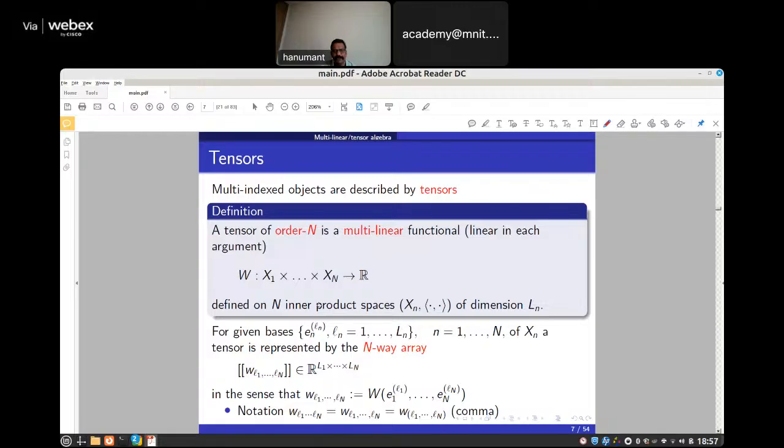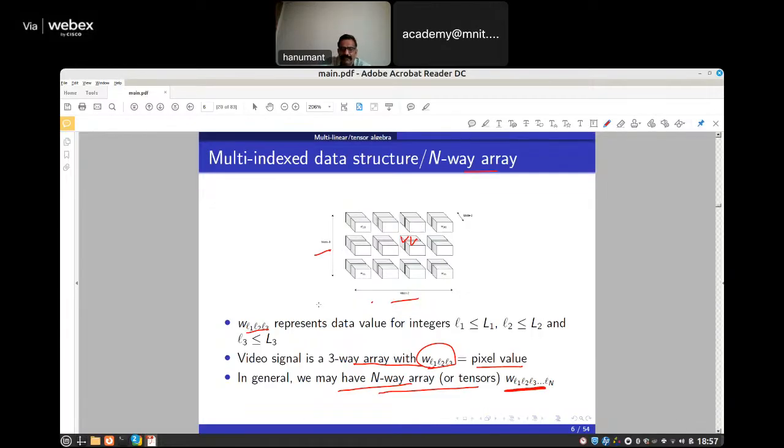So what are multilinear functionals? I will explain; we will understand this one and try to avoid the rest. Any tensor, or any three-dimensional arrangement of numbers, can be represented by a multilinear functional.